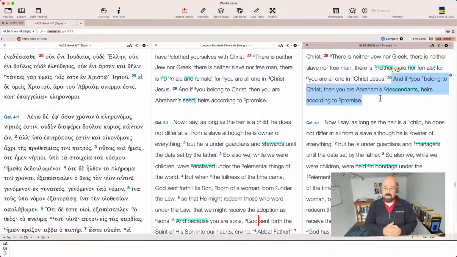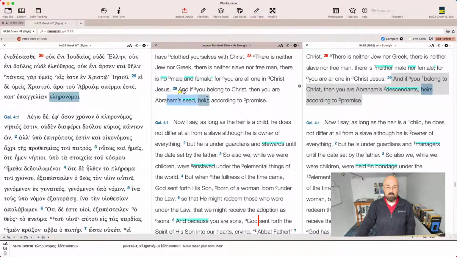In verse 16, it was translated as seed correctly because the translators understood that this was that theological thread. But here in verse 29, they've lost track of the argument, if you like. And if you're in English, you will also lose track of the argument following the New American Standard. But of course, in the Legacy, they've managed to keep this, recognizing that you are Abraham's seed.